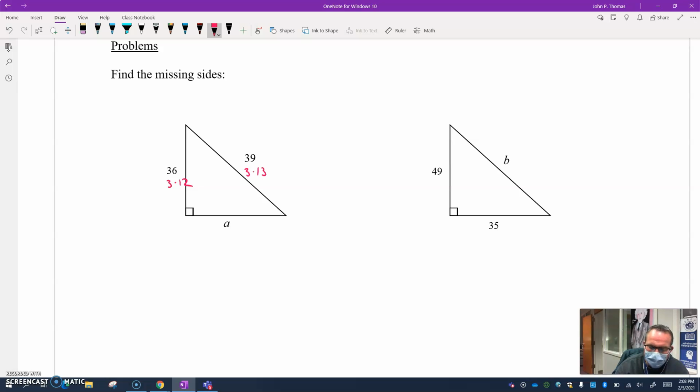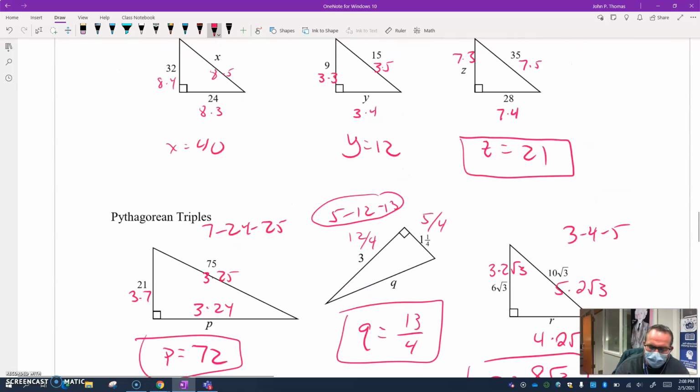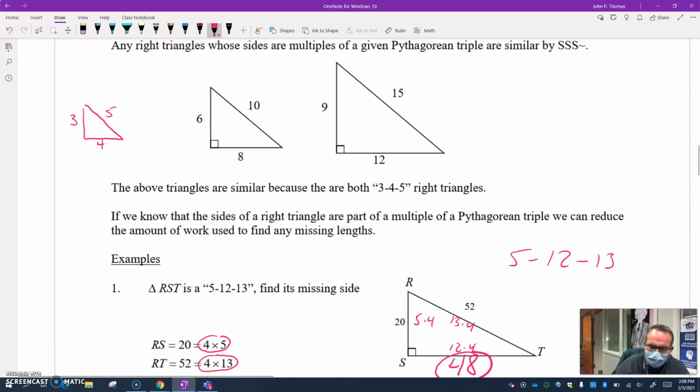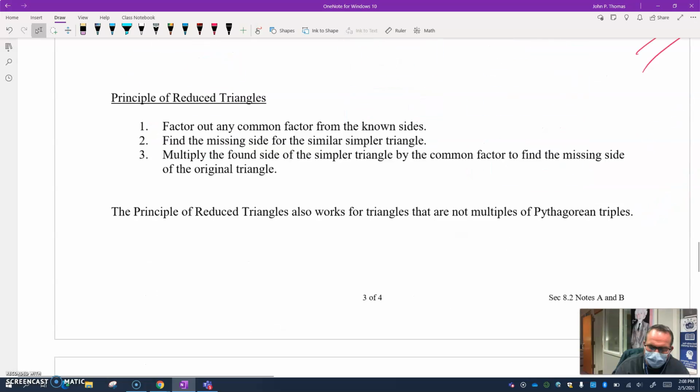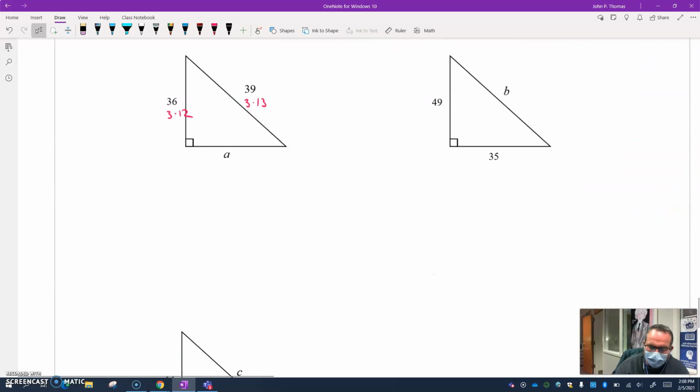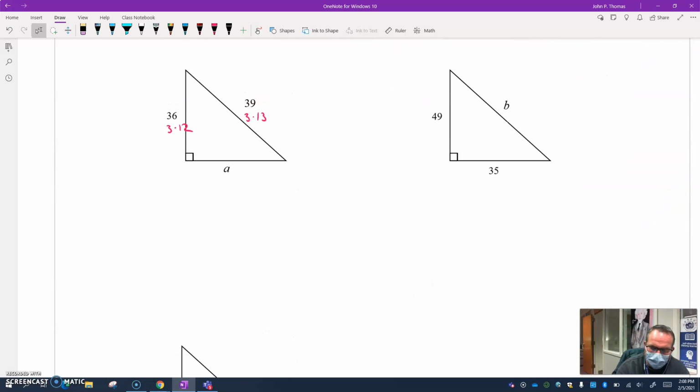Now, when I've got a 12 and a 13, if I scroll back up to my triples, we know we have a 5, 12, 13. So we're going to use this principle of reduced triangles along with the 5, 12, 13 relationship to say, hey, 12 and 13, we know this last side's 5, but the whole thing's scaled up by 3. So we can get 3 times 5, or 15.